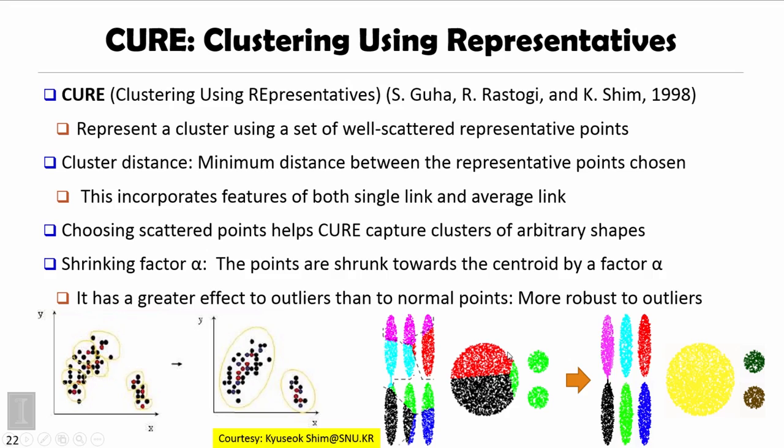However, using CURE, we are able to find very nice groups of points. You can see all these shapes, with points closer together, even if it is not a spherical shape. You still find very nice clusters. That's the power of CURE.